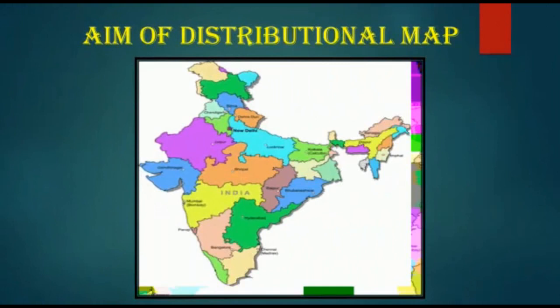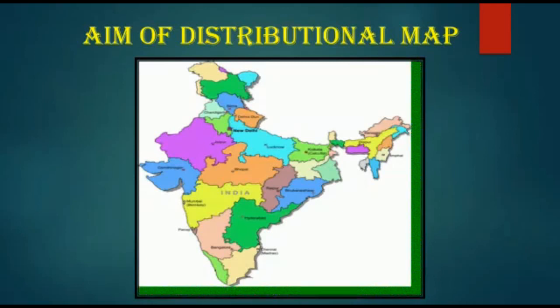Aim of distribution map. The aim of distribution map is to show features of an area. This map is used to indicate a value in an area. It also gives us a visual representation for different types of data.